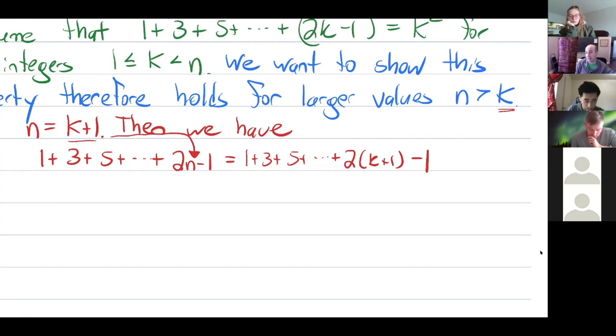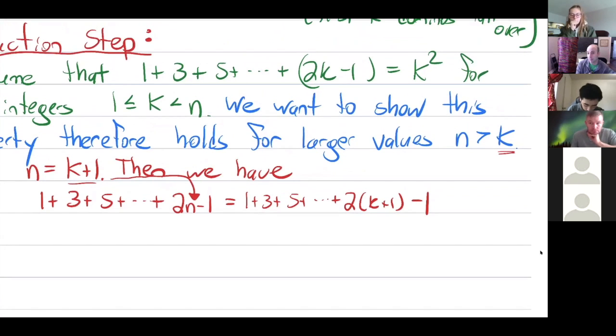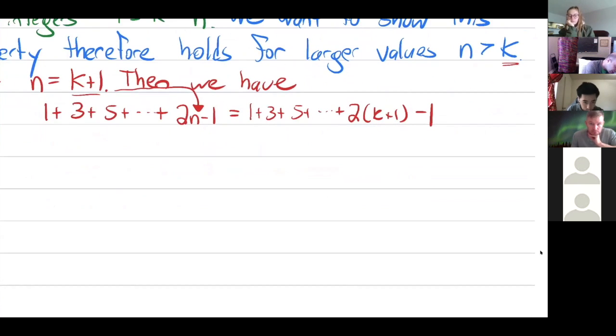And if I can show that this property holds, in other words, that I get n squared back on the other side, the goal here is we would like to show that this boils down to n squared, right? So we're hoping to show this, because our value for n here is k plus 1, right?